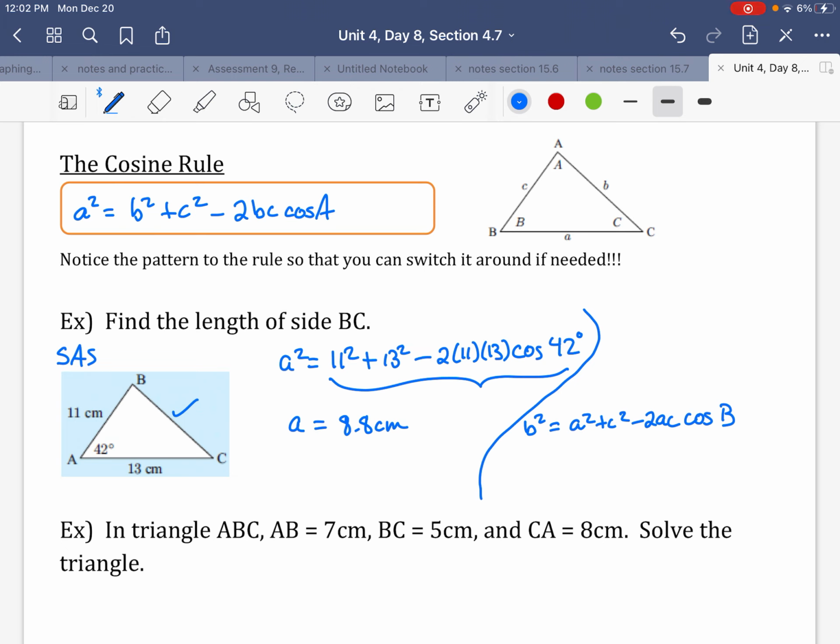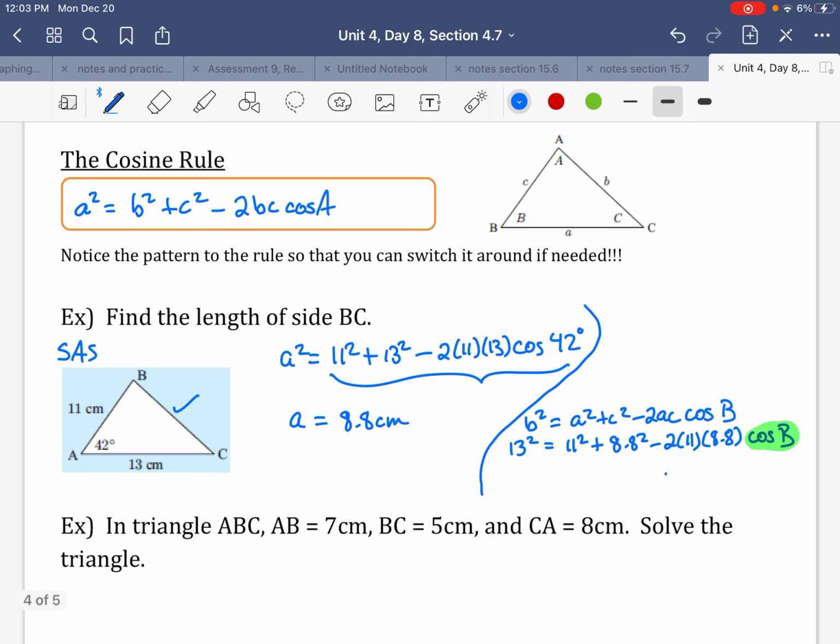Across from b is 13. So this time I know that's 13. And then a and c, so I have 11 squared, and I just found 8.8, minus 2 times 11 times 8.8, and then cosine of b. I don't know b, so I'm going to solve this for cosine of b.